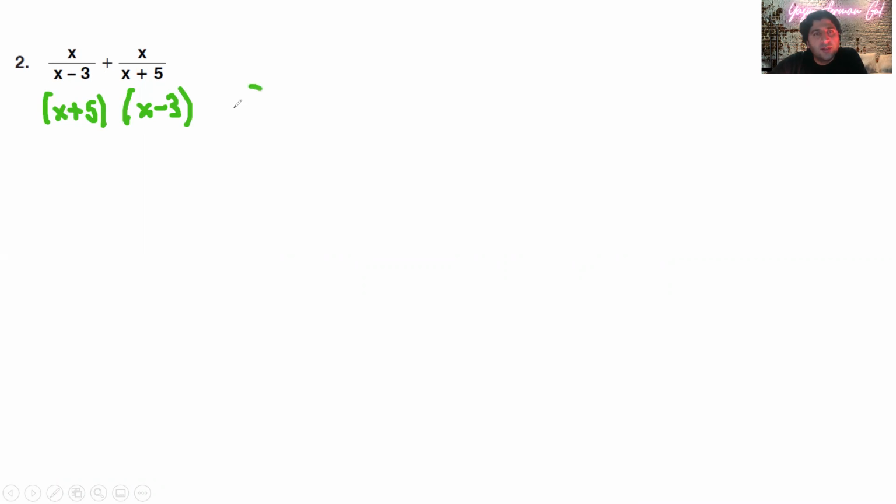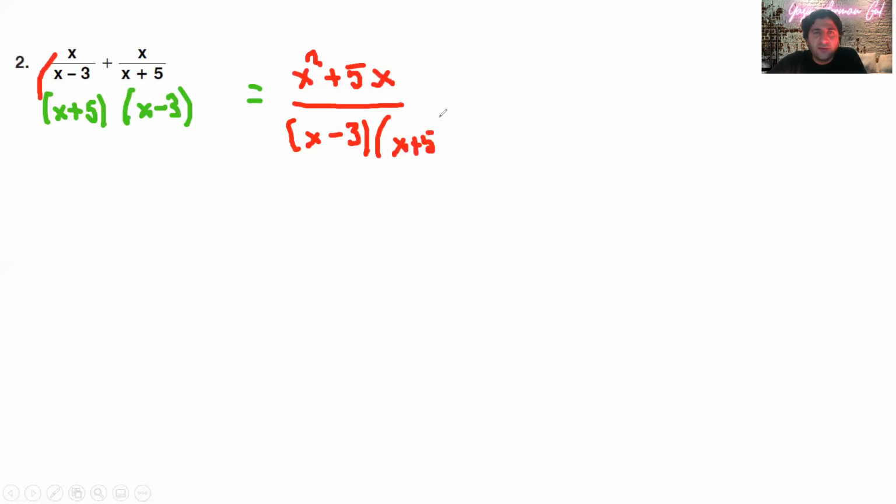Okay, then this will be equal to, right, x times x plus 1, because we're going to multiply this as well. x times x plus 5 will be x squared, right, plus 5x over, now I'm just going to write this, okay, over x minus 3 times x plus 5.